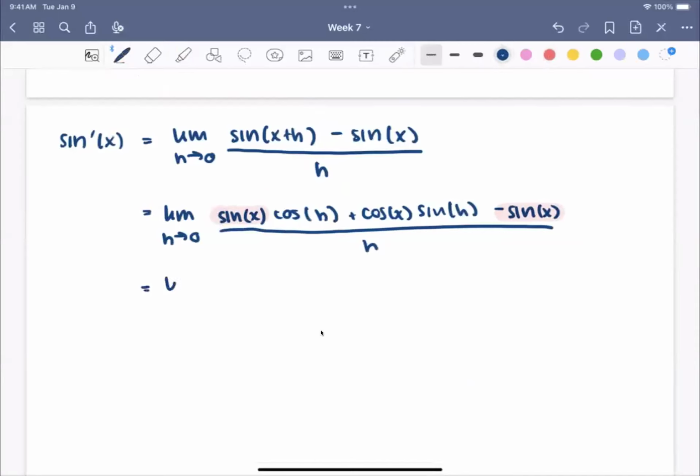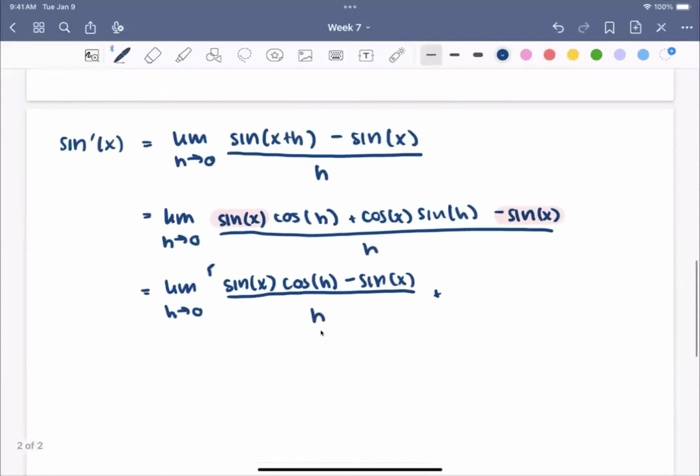So we get the limit as h approaches 0 of sine x cosine h minus sine x, divided by h, and then we're adding, for now all in one limit, cosine x sine h divided by h.